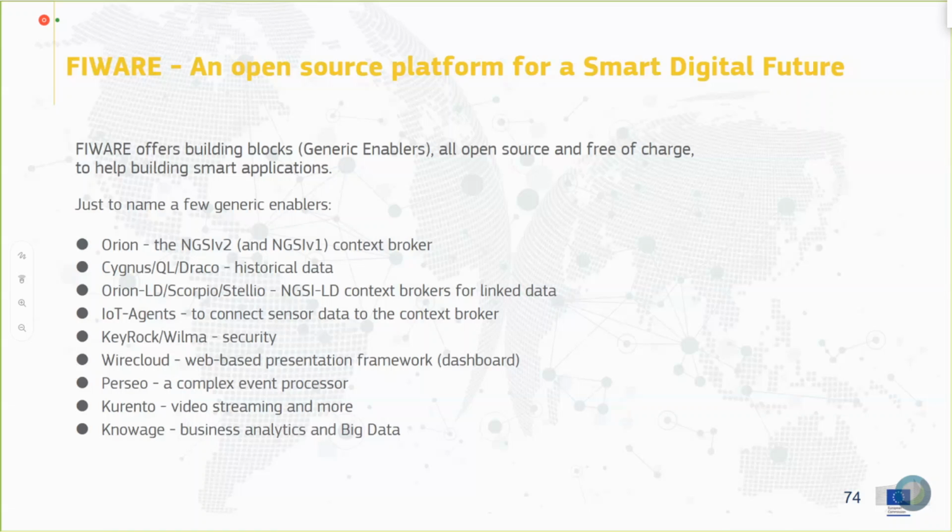We have generic enablers that take care of historical data, which is what you would use for big data analysis. We have those enablers as well. One is called Cosmos. We have IoT agents to connect sensors for measuring temperatures or humidity or air quality, whatever, and push this information into the context broker and also into the historical data enablers so that you can see the evolution of air quality, for example, over time, stuff like that.